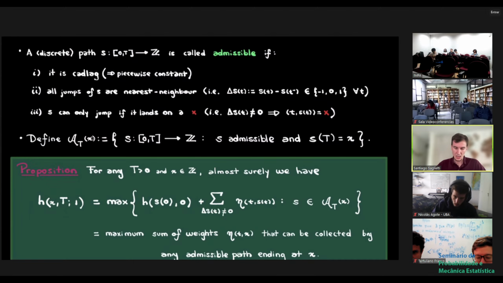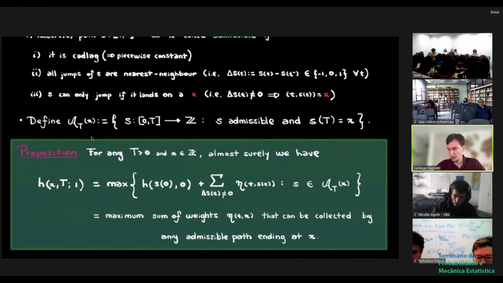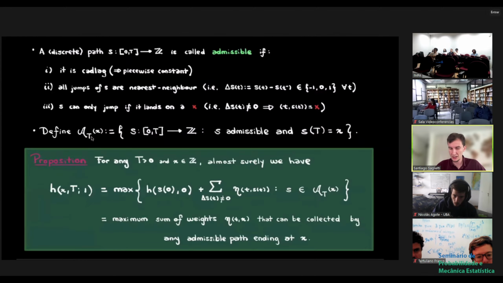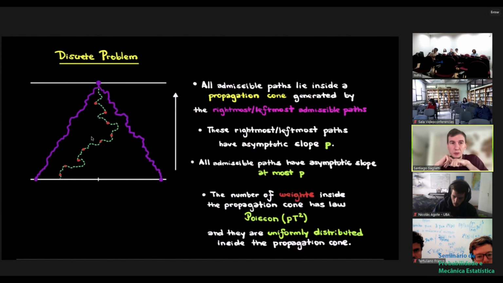And that's more or less the relationship between the two models. And so let me discuss, like in 5 minutes or 10, I don't know, a little bit the idea of the proof. So let's look a bit at the discrete problem, what's happening with the ballistic deposition model.